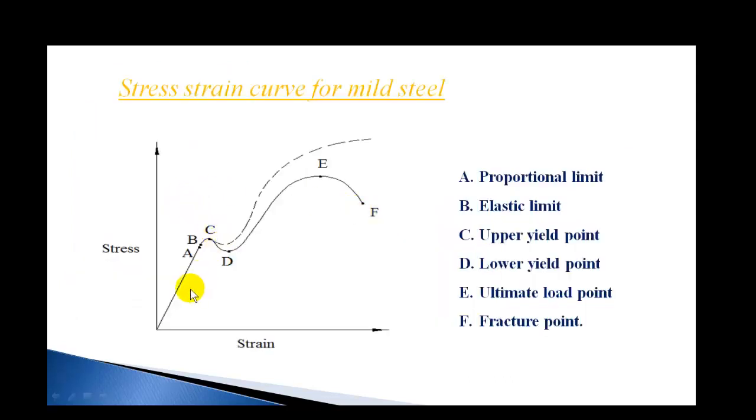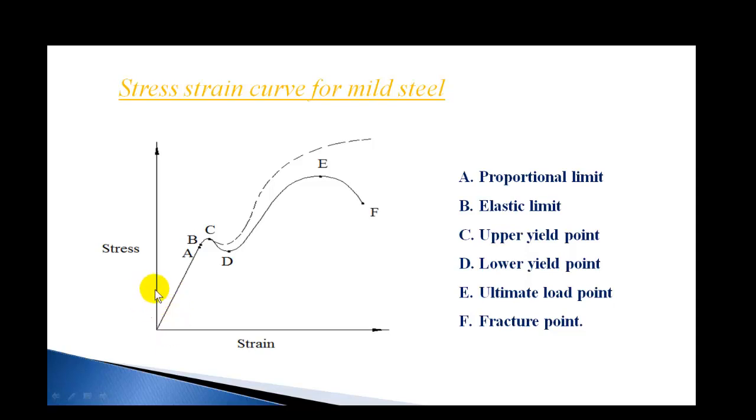This diagram shows the typical plot of a stress strain diagram for a mild steel. Corresponding to each value of stress and strain, we plot points, and finally you get the stress strain curve. So you take a number of readings from the experiment and plot the stress and corresponding strain.